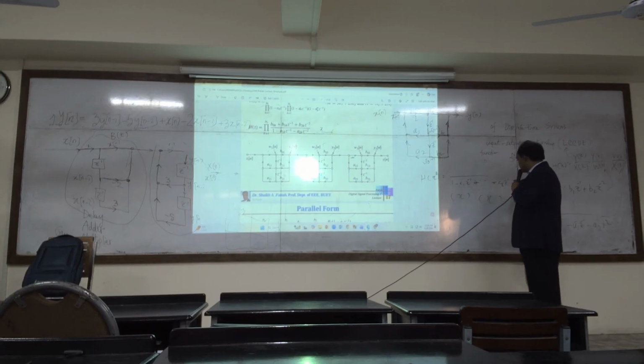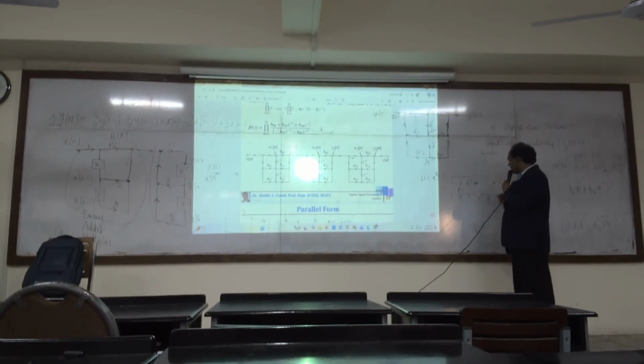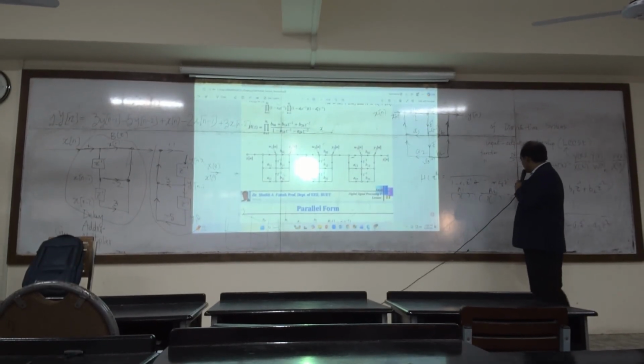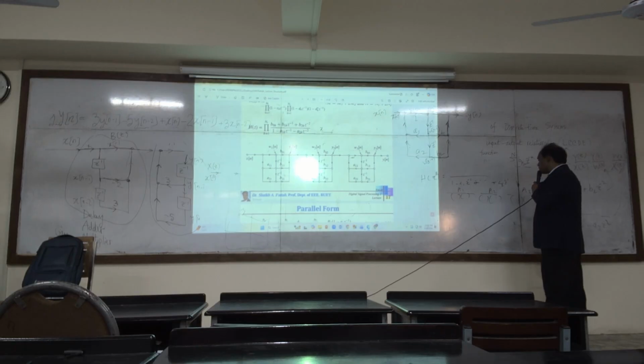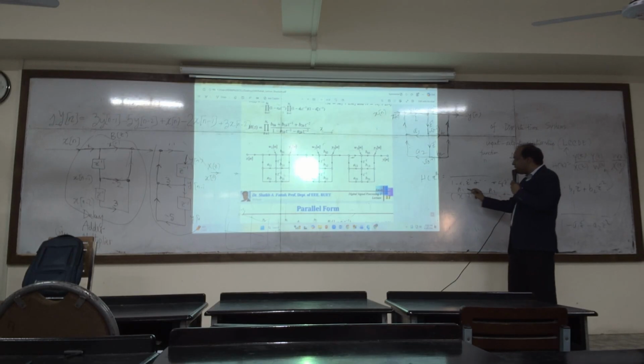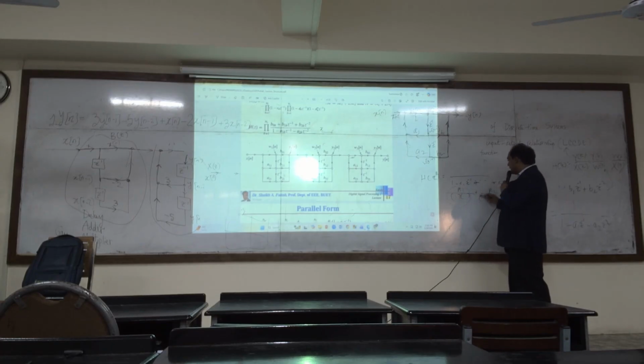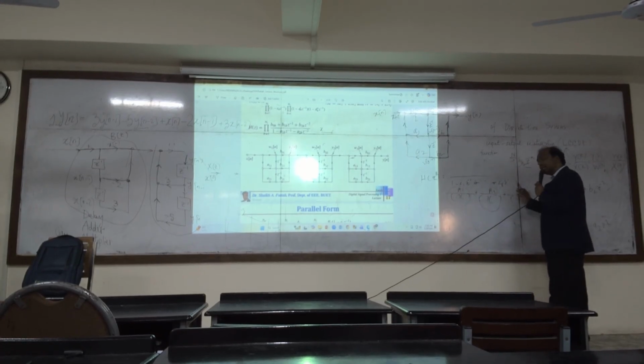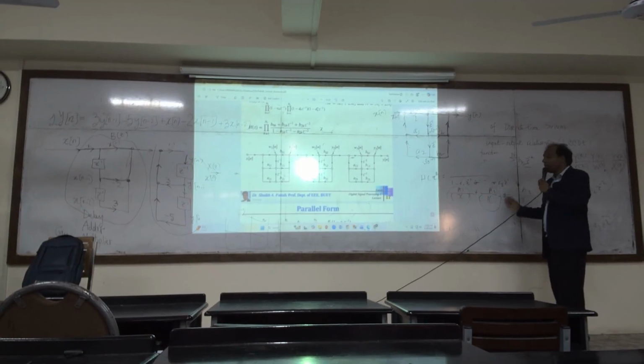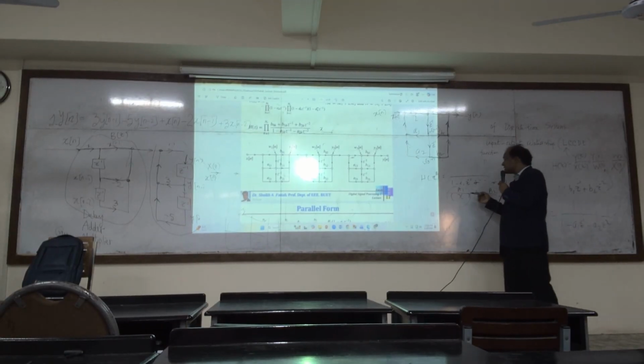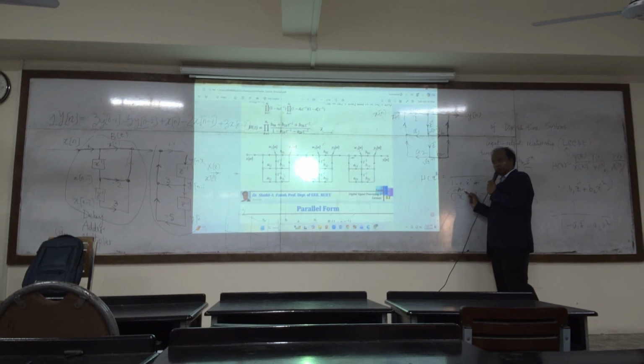I can pair them together like this: A1, A2, A3, A4. I can again use my similar second order block. The only difference is what will be your numerator.